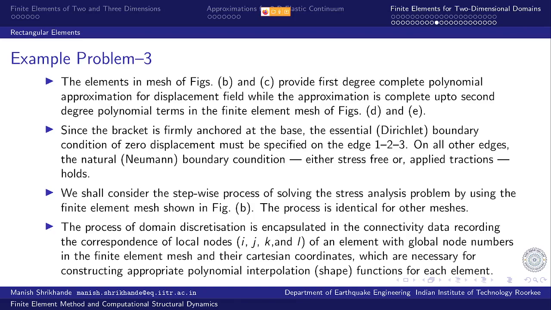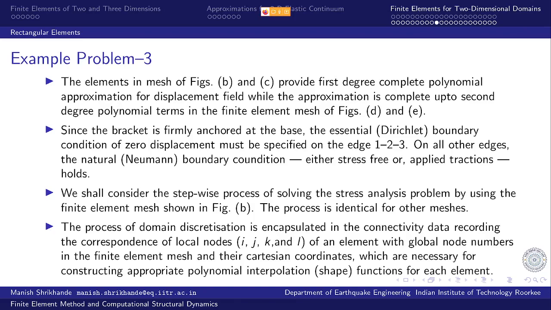For all practical purposes, whatever happens within an element is confined to that element. So it really doesn't matter what is referred to as node 1 is actually numbered, let's say, as node 100 in the finite element mesh.